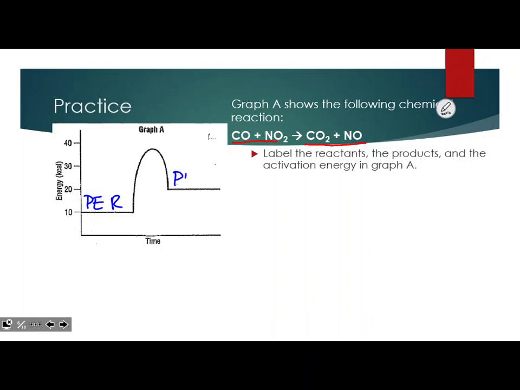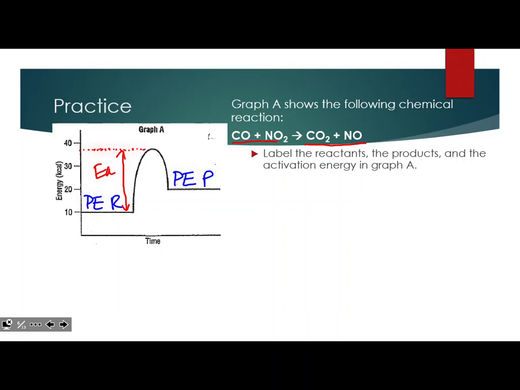Over here on this side, yes, the potential energy of the products. Activation energy. So I can do like a dotted line here across. So from here to the reactant line, that's going to be my activation energy.